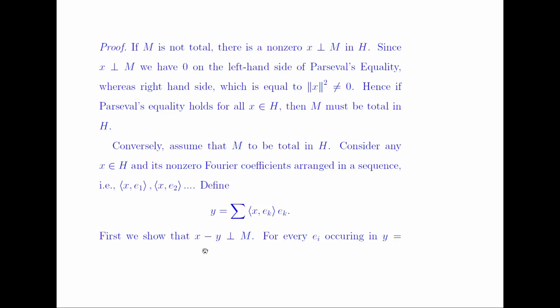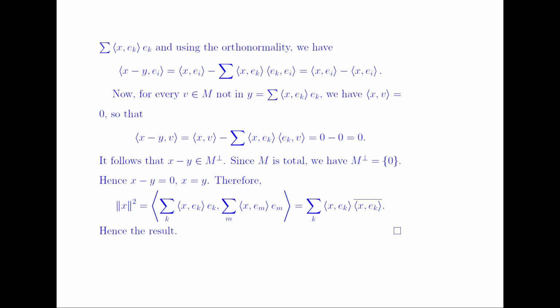Now first we have to show that x minus y is perpendicular to M. So for every e_i occurring in y, which is the summation of the inner product of x comma e_k times e_k, using the orthonormality we have the inner product of x minus y comma e_i equal to the inner product of x comma e_i minus the summation of the inner product of x comma e_k times the inner product of e_k comma e_i, which is equal to the inner product of x comma e_i minus the inner product of x comma e_i, because we are using the definition of the Kronecker delta.